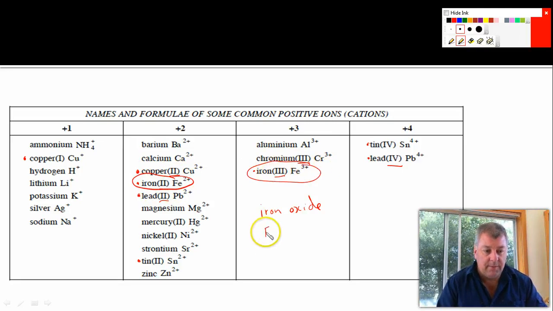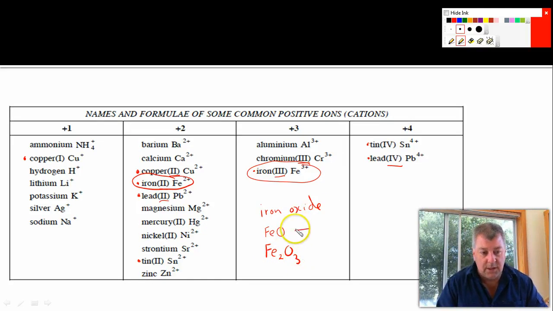Now, it could have the formula FeO, but we could also have Fe2O3.